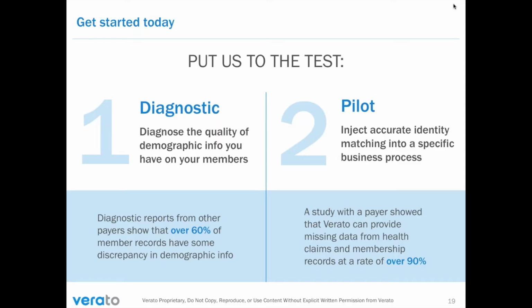And we found that at a rate of over 90%, Verado was able to provide missing information from health claims and health membership records that were preventing an organization from accurately coordinating benefits with Medicare. So that's a pretty massive finding for them, and it was very, very beneficial for them.